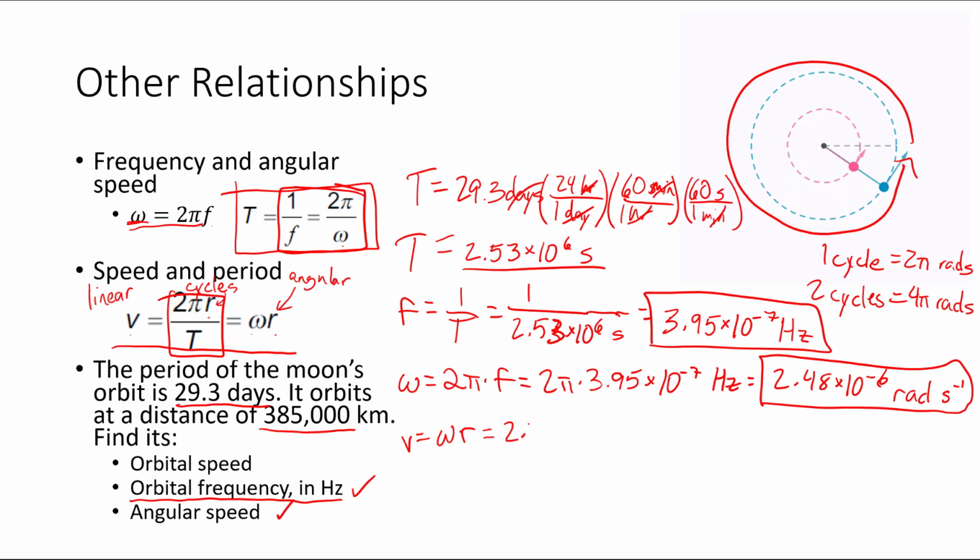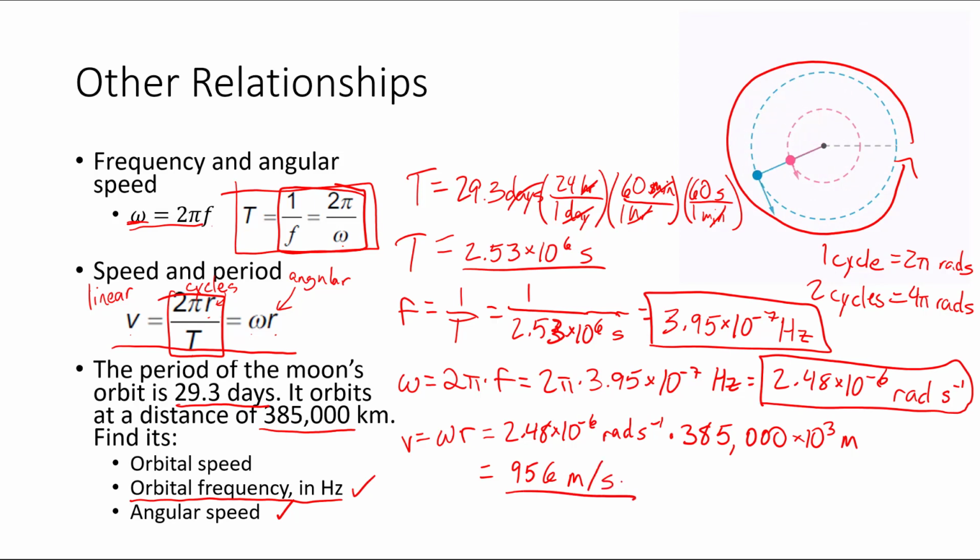So that's going to be 2.48 times 10 to the minus 6 radians per second times the radius, which is 385,000 times 10 to the 3, writing it in standard units, so I have to convert to meters by multiplying by 10 to the 3 meters, and we get 956 meters each second.